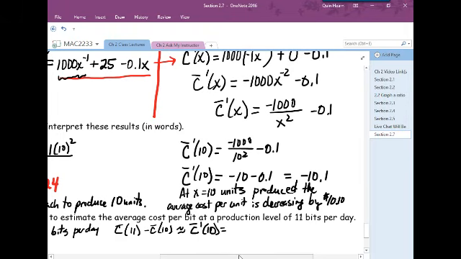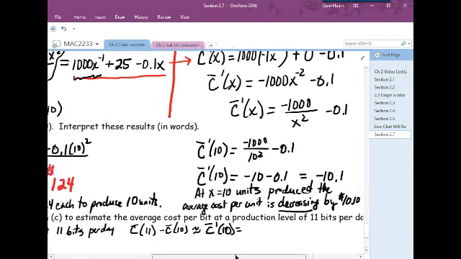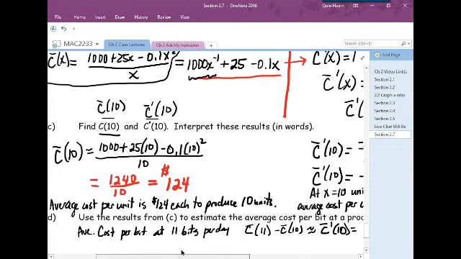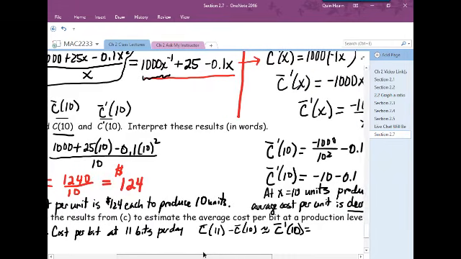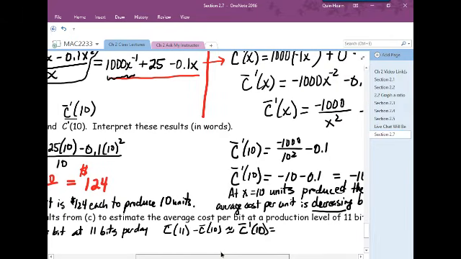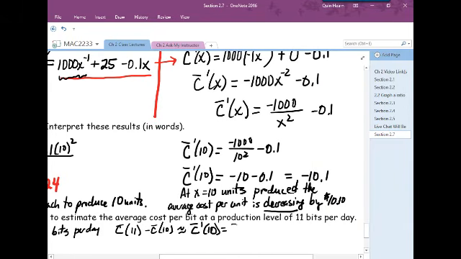Yeah, the average cost is changing by $10.10 per unit, so that would be decreasing, going down by 10.10.